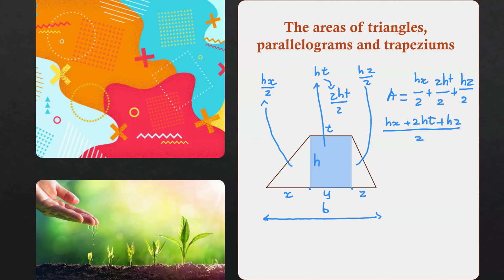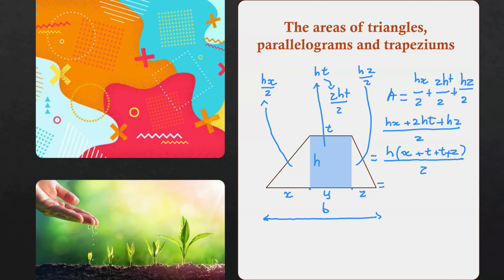Now we're going to factorize it. So that's going to equal h, taking the h out, then you have x, then the 2t left over in the middle, so I'm going to write plus t plus t, and then plus z, the whole thing over 2.